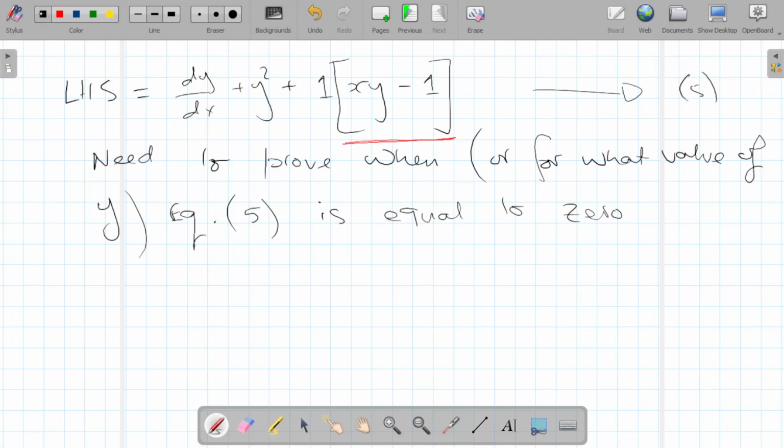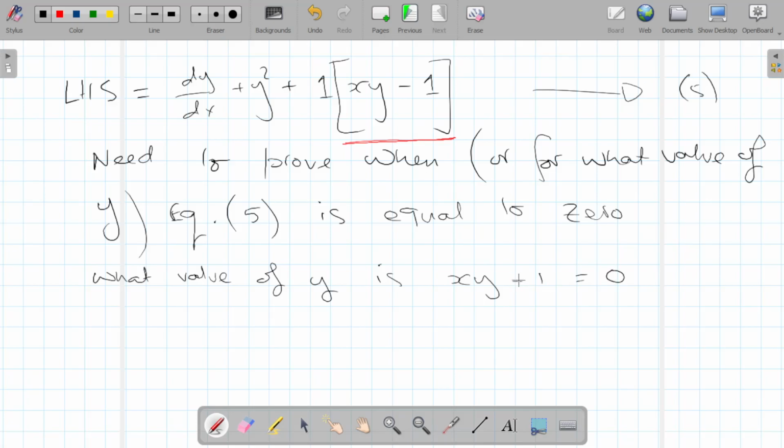So what we're going to do is say, what value of y is xy minus 1 equal to 0, right?